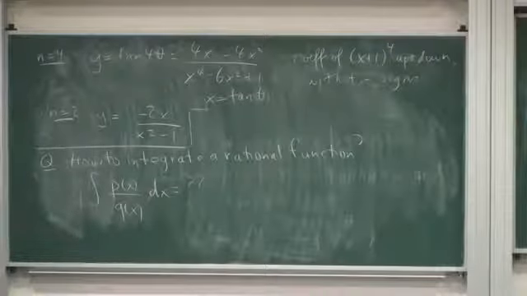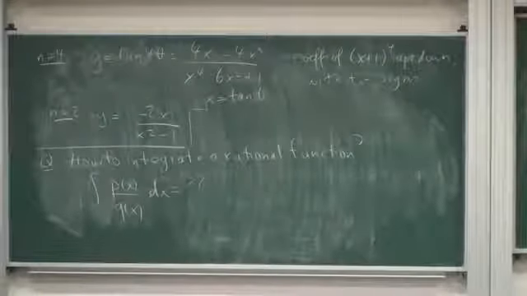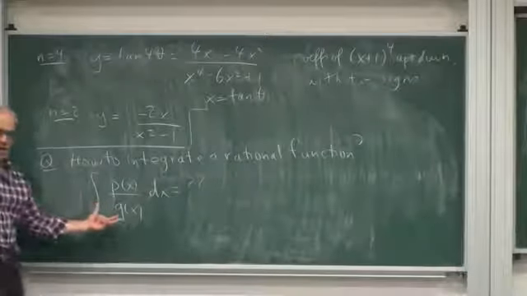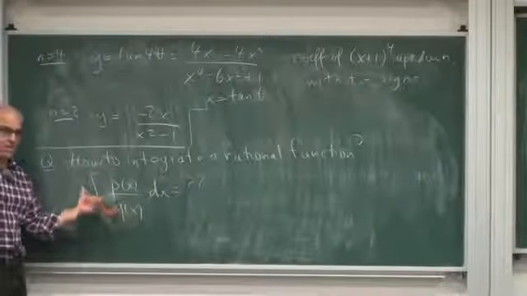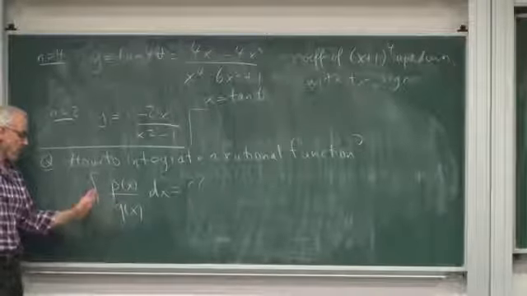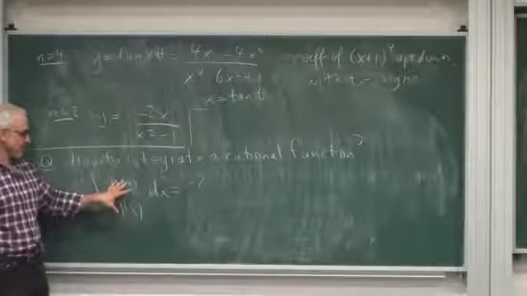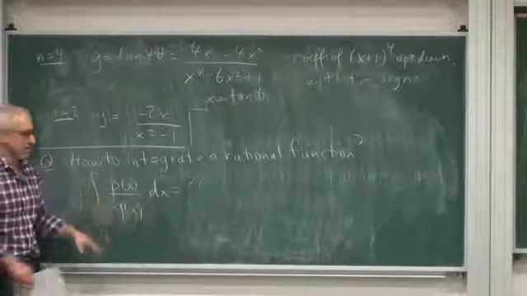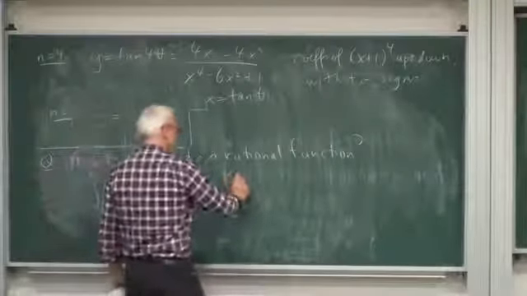That's a very foundational problem in calculus. And the 18th century mathematicians realized that one approach to this was to try to factor the denominator. So if you could factor the denominator, then you could rewrite this rational function in terms of partial fractions.